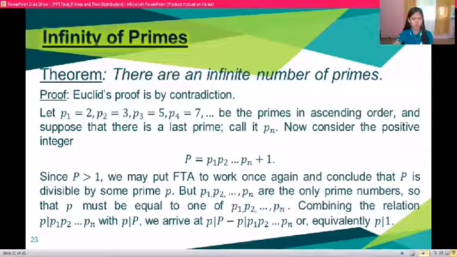Combining the relation, p divides p sub 1, p sub 2 to p sub n, with p divides P, we arrive at p divides P minus p sub 1, p sub 2 to p sub n, or equivalently, p divides 1.